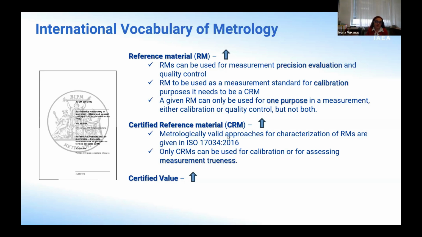It can be used for calibration, but for that it needs to be certified reference material, and also for assessing measurement trueness. A given reference material can only be used for one purpose in a measurement process, either for calibration or for quality control purposes, but not both at the same time.